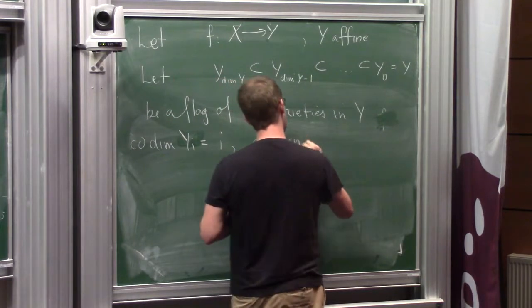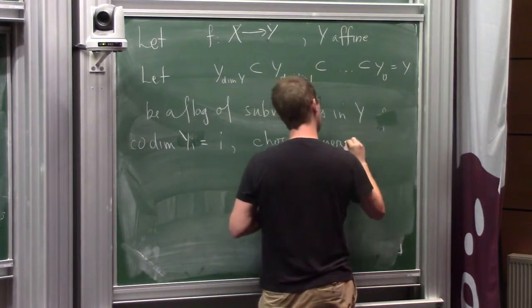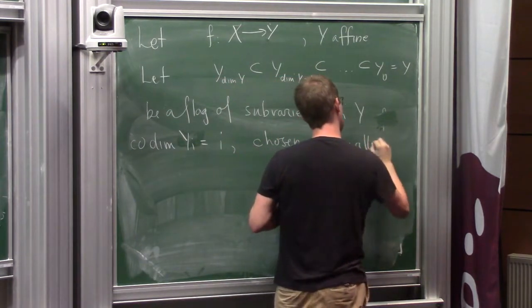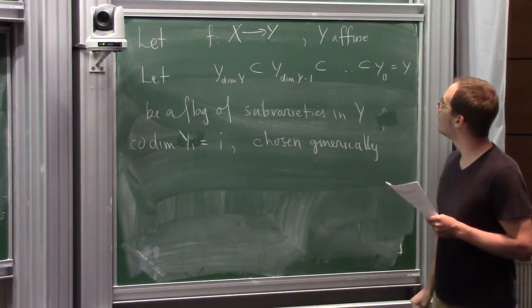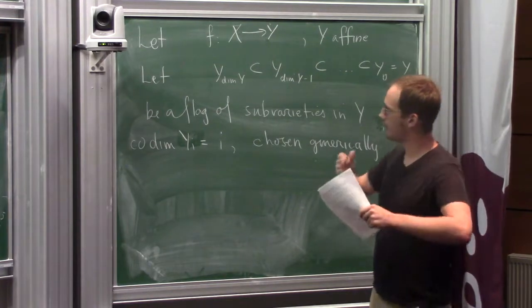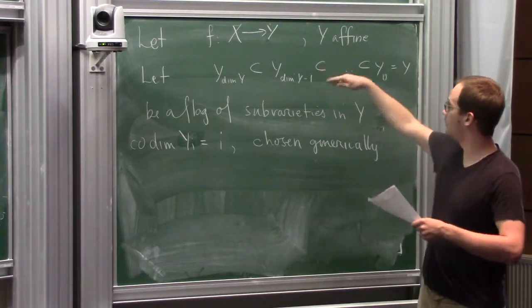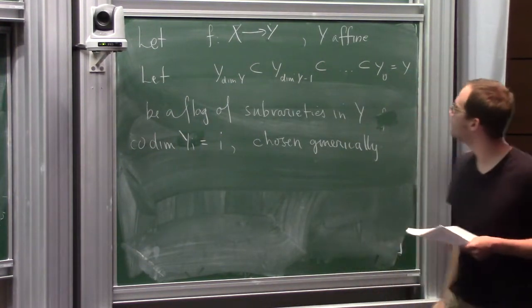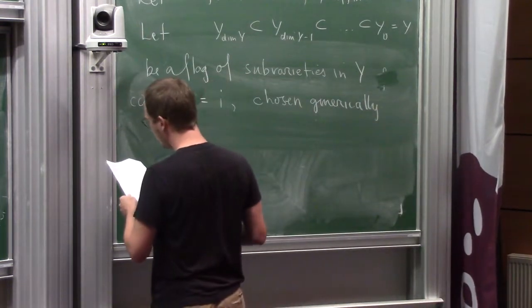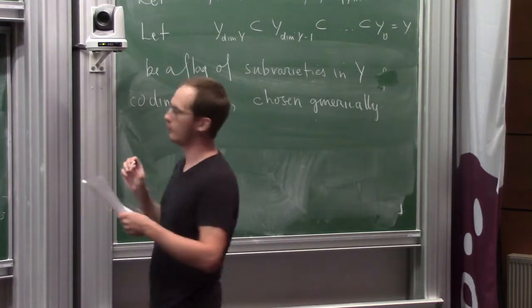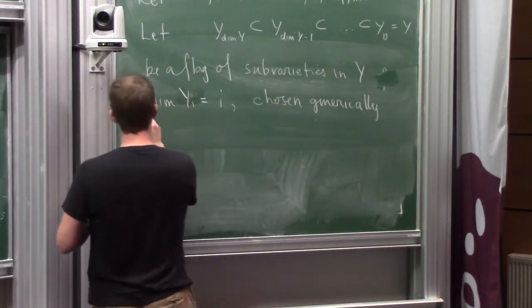And what you can take this to mean is that you take an embedding of Y into projective space, and then you take a bunch of generic hyperplanes and start intersecting Y with these generic hyperplanes to build this flag. Okay, then we're going to define this flag filtration, which is the same as the perverse Fourier filtration.